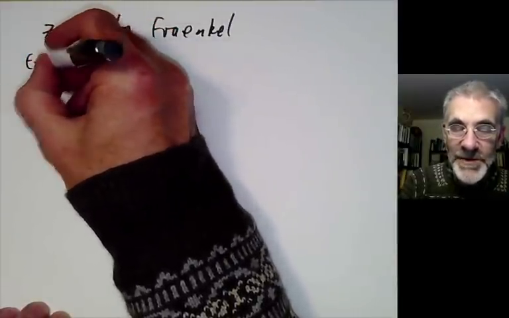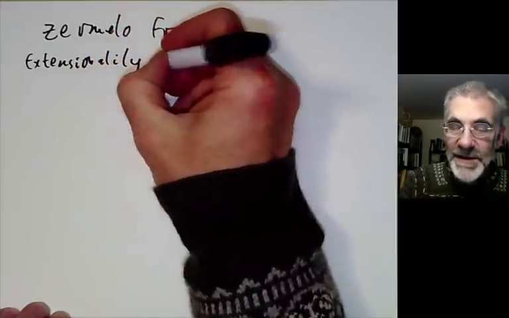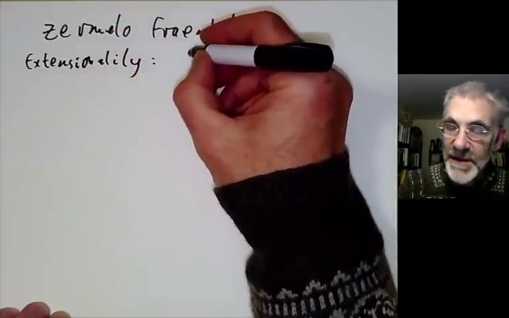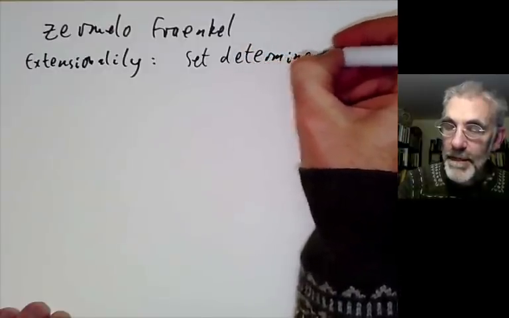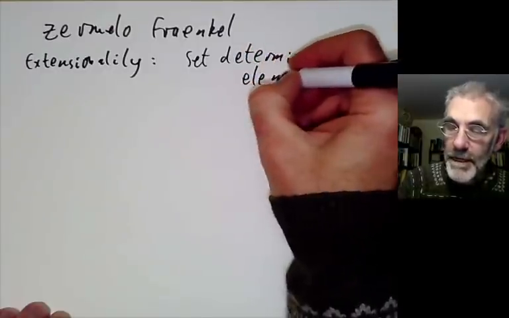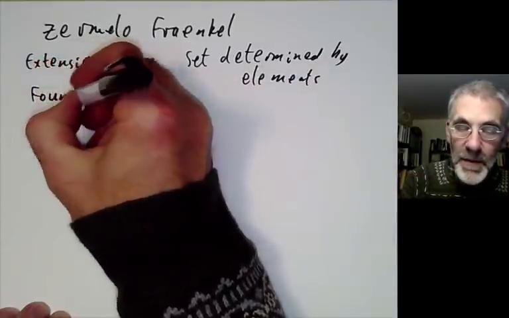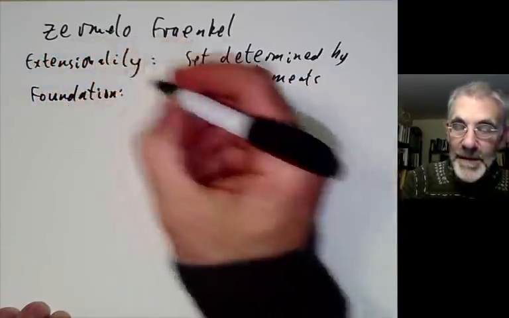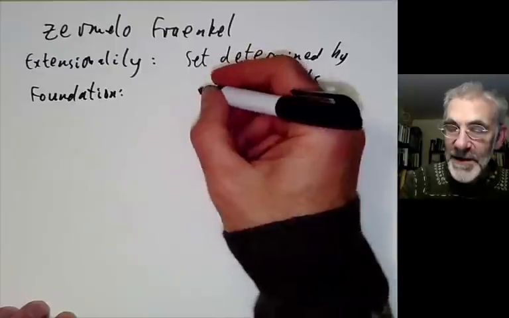We have extensionality. So what extensionality says is that a set is determined by its elements. Next we have foundation or regularity. This says that there is no collection of sets, each of which is contained in the one before.